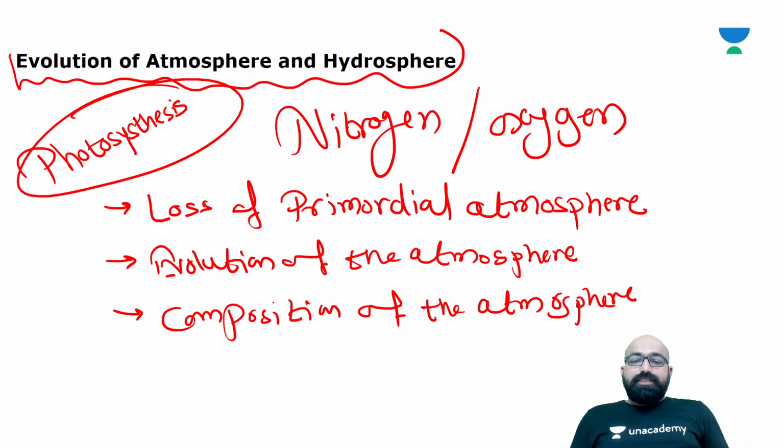Now, the early atmosphere largely contained water vapor, nitrogen, carbon dioxide, methane, ammonia, and very little free oxygen. So the process through which the gases were outpoured from the interior is called degassing.